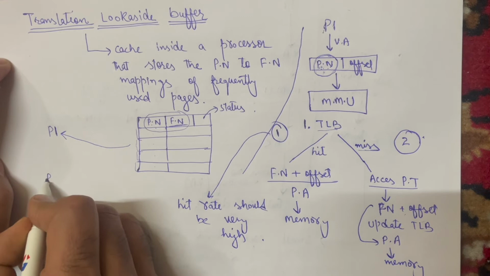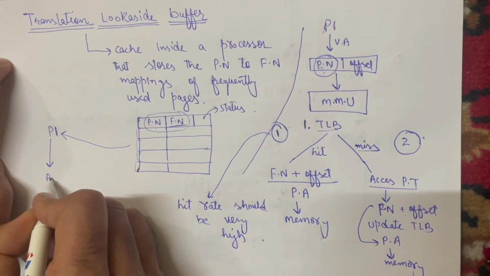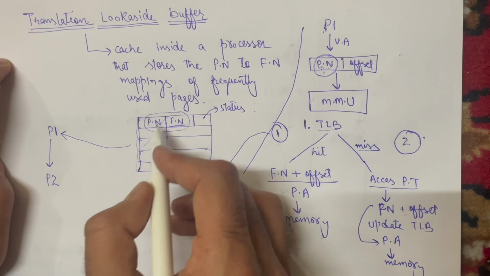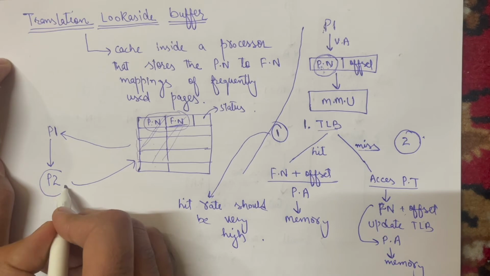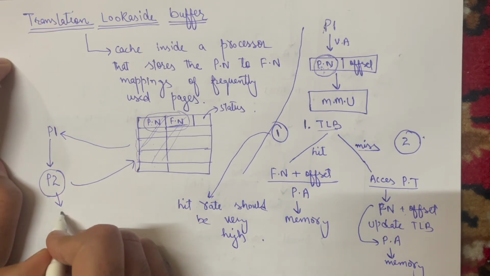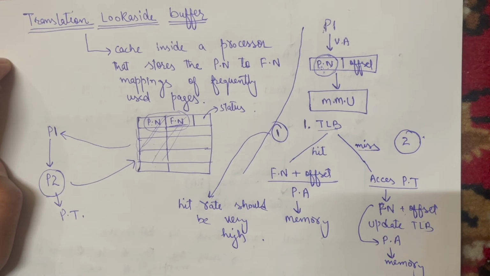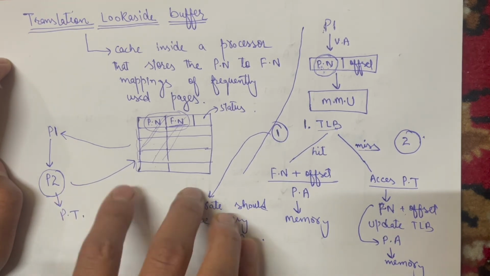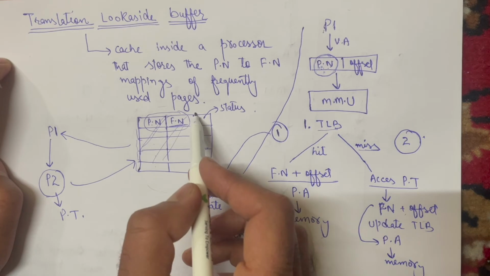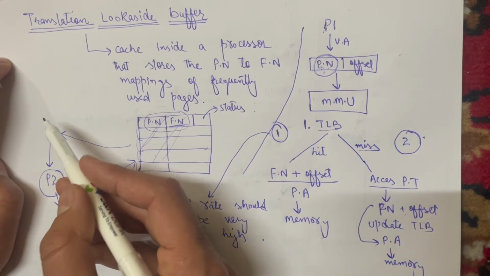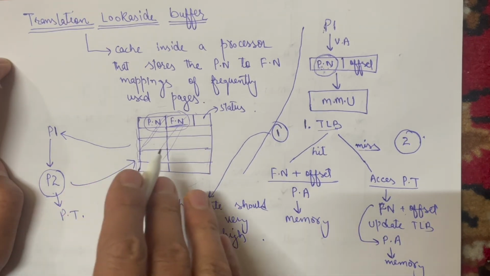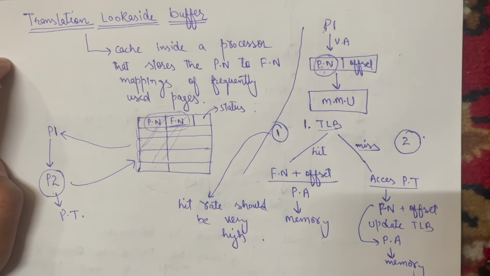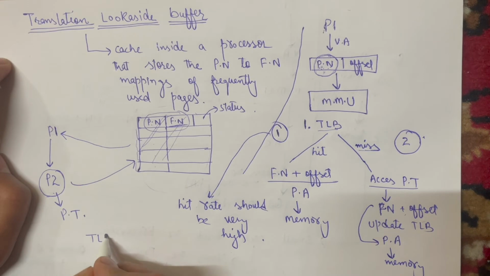If I switch context to another process, I will flush these entries and update them with the entries of process P2 from its page table. So at one point in time the entries in the TLB belong to one particular process, and on a context switch we have to flush the TLB and update it with new entries.